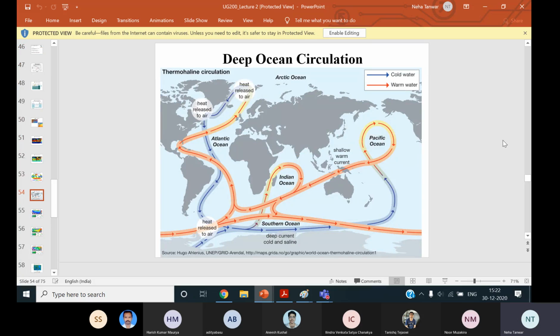It's all about readjusting the density of a water column, by which I mean along the vertical depth. At a large scale, it's only happening in the polar regions.